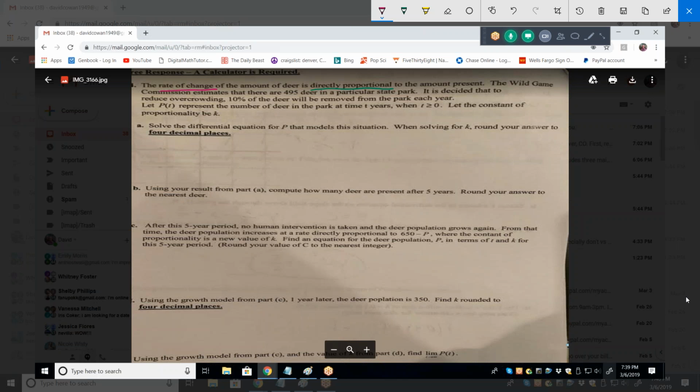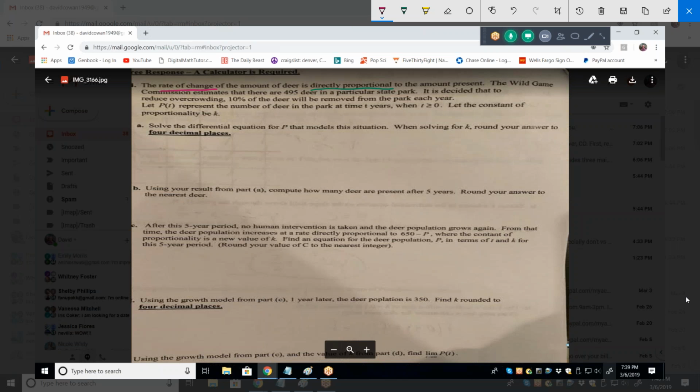It's not just deer, it's people. If I know there's 5 billion people on the planet, I know that the rate of change of the number of people on the planet is directly proportional to the amount present. Same thing with deer, same thing with bacteria, same thing with radioactive decay.